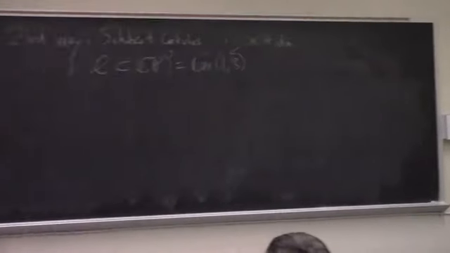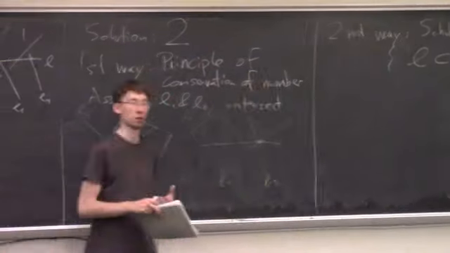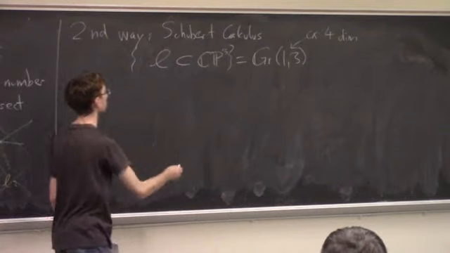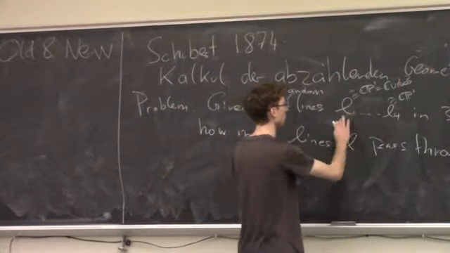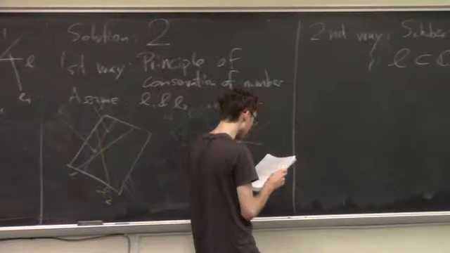So that's just generally thinking about lines in P^3. You look at this Grassmannian, and now the question is how to incorporate the condition that this line L should pass through these 4 lines. How to incorporate that? You can do it step by step.